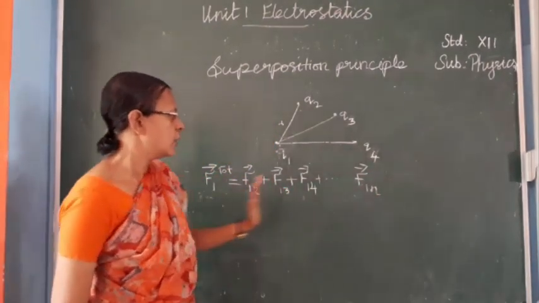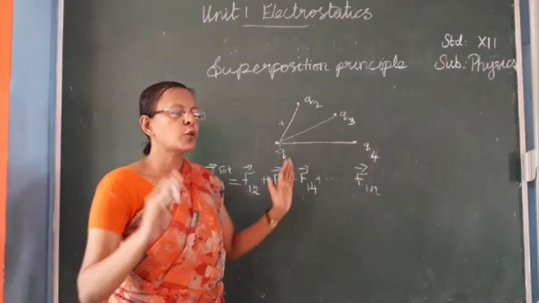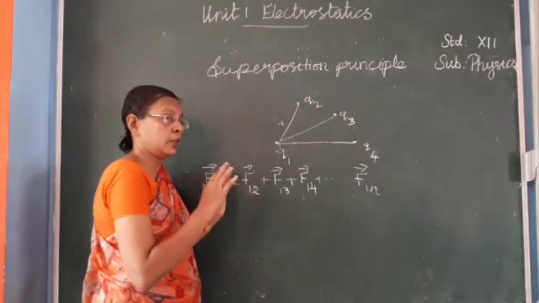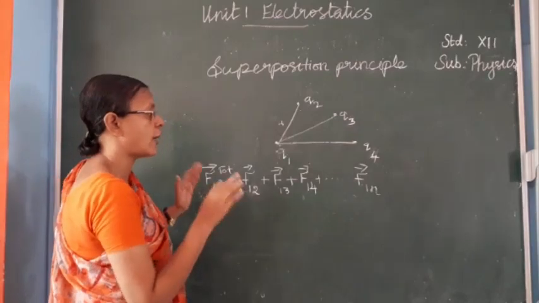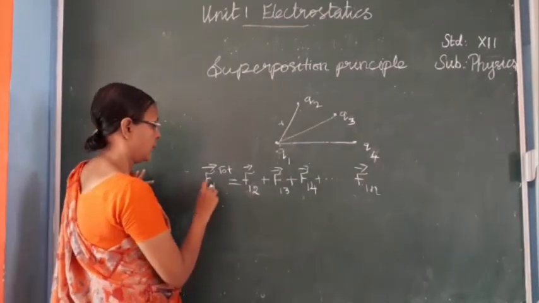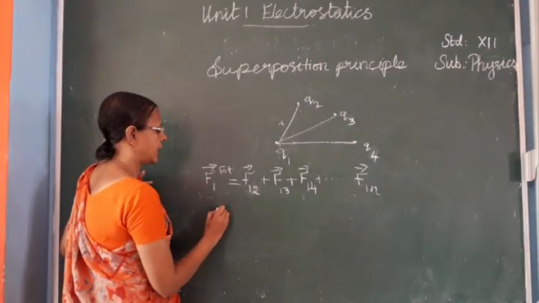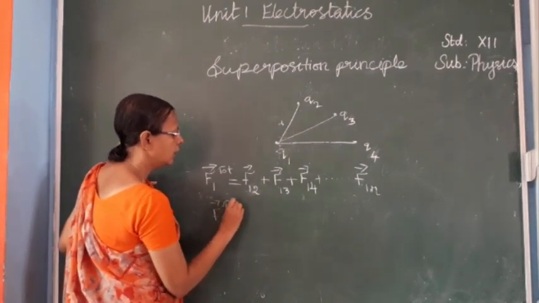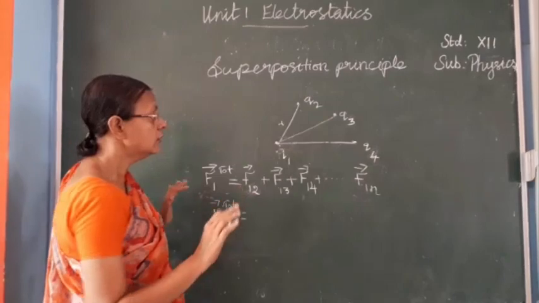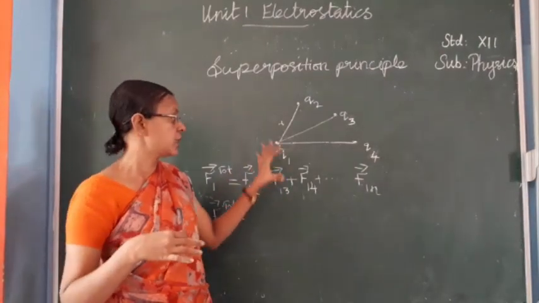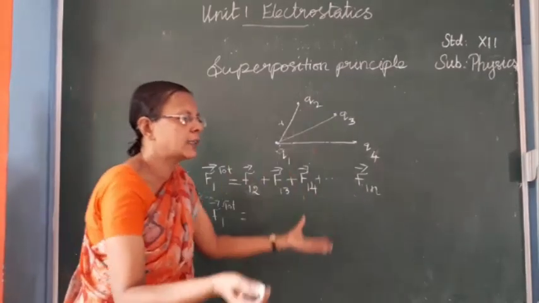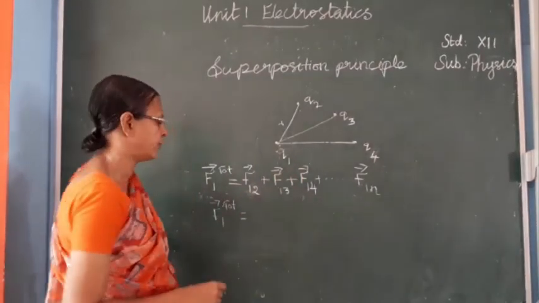So this is the total force. How can we show this? We have to substitute our formula. We know the formula for that. So F1 total, how much force that charge Q1 is experiencing from the other charges. The vector sum we have to find.